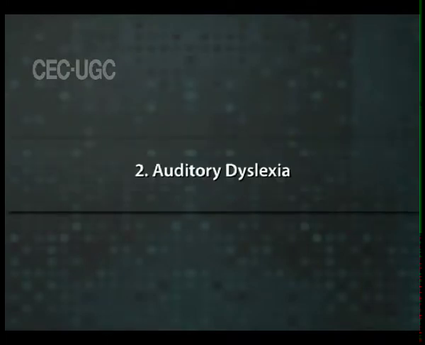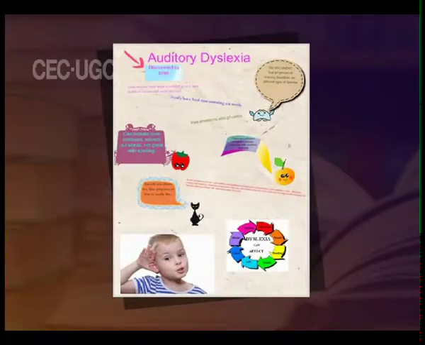Auditory dyslexia. Children having auditory dyslexia feel difficulty in grasping the meaning of sound. One of the most noteworthy characteristics of these children is auditory discrimination problem.